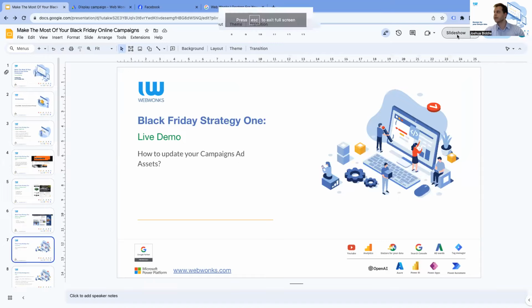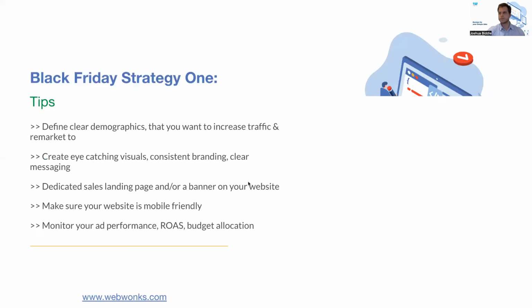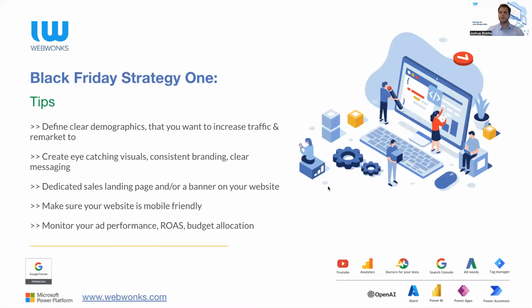And I'm just going to go back into our slideshow here. So as a recap for strategy 1, as said before, define clear demographics. You want to increase your traffic and know who your audience is that you want to remarket to. Such a great way for you to extend your brand and your reach.